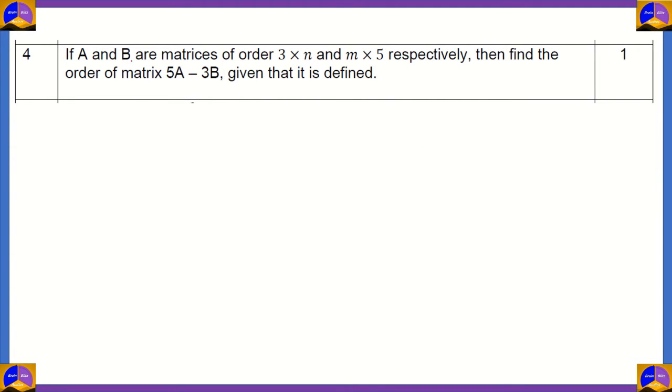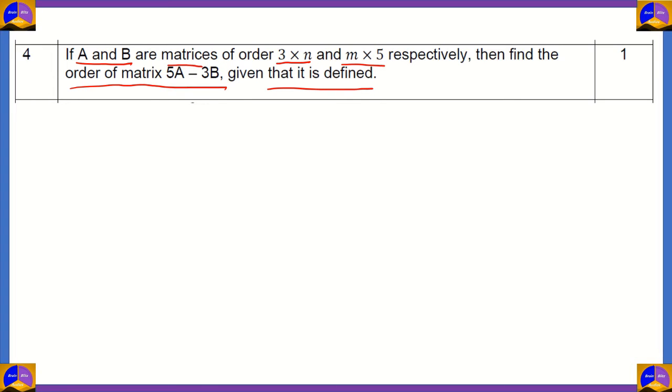Next, the question is, if A and B are matrices of order 3 times n and m times 5 respectively, then find the order of the matrix 5A minus 3B given that this matrix is defined.